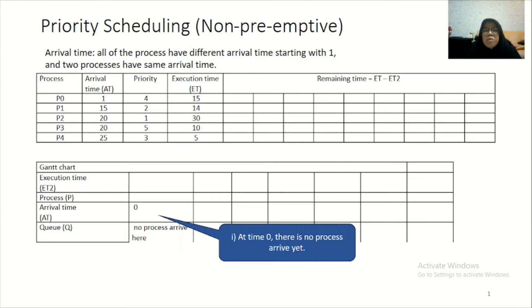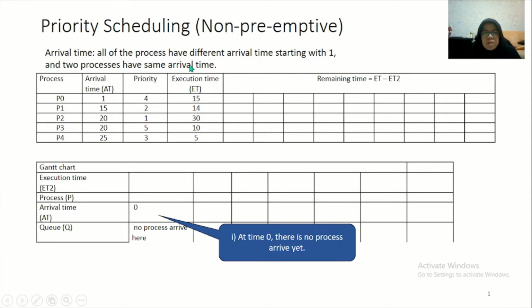Okay, now I will show the step by step to draw the Gantt chart for the priority scheduling of non-preemptive. For this question, first we have to state that all of the processes have different arrival times.